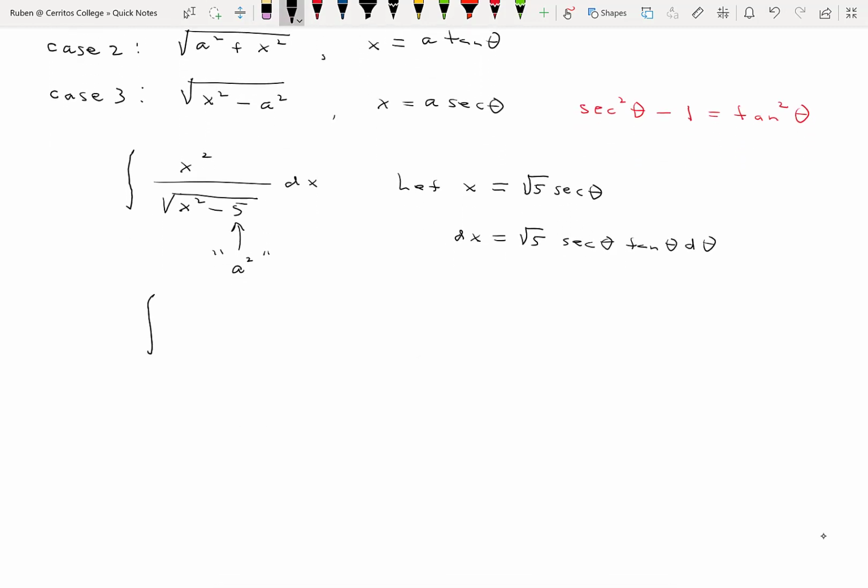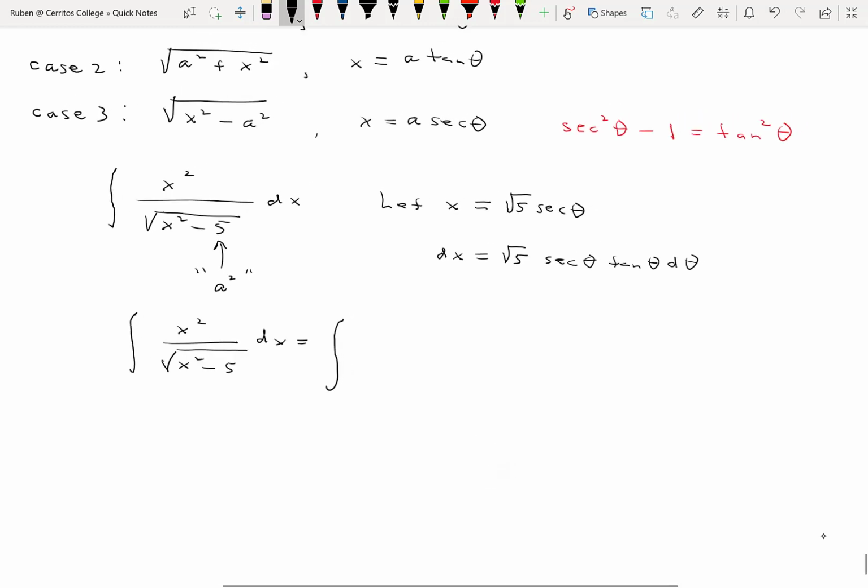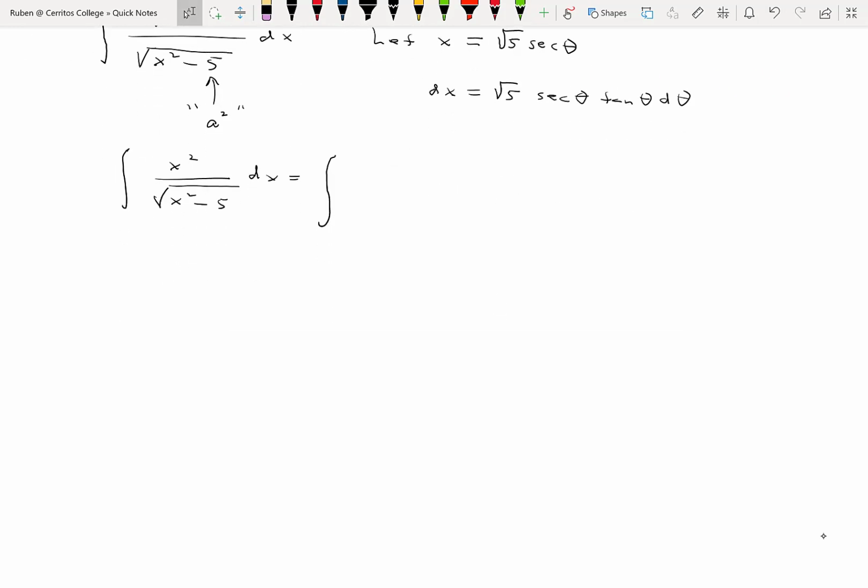Let's make the substitution. Our integral is the integral of x squared over the square root of x squared minus 5, and that becomes, well, x is radical 5 secant theta, so x squared is 25 secant squared theta. Oh my goodness, that's not right.